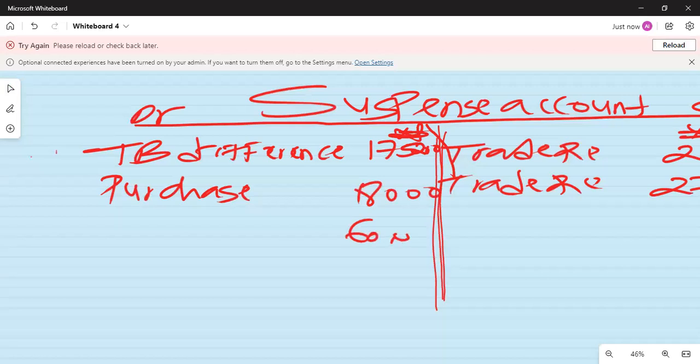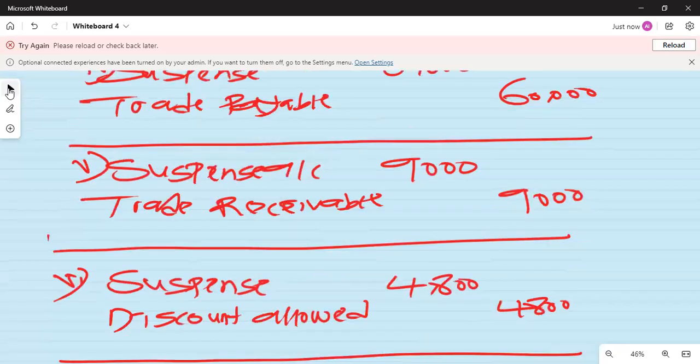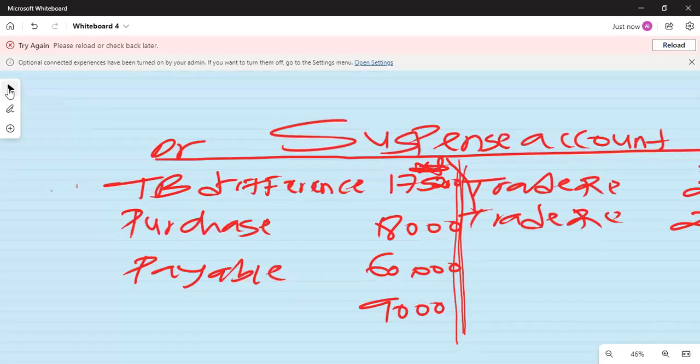I think we also have another 60,000, and we also have 19,000 there. This one is about pay. The 9,000 is return inward, which is receivable.